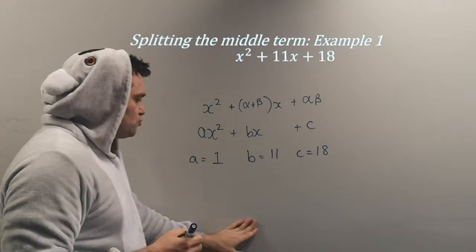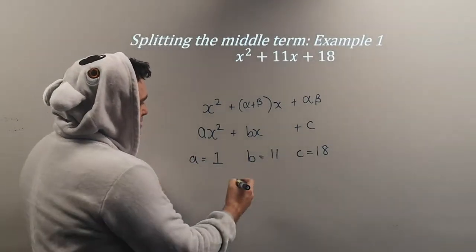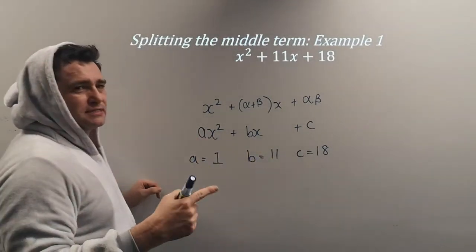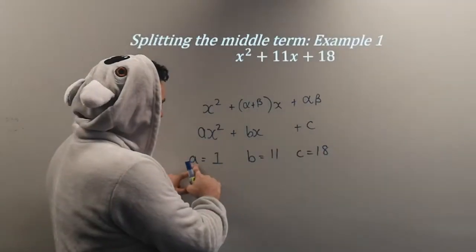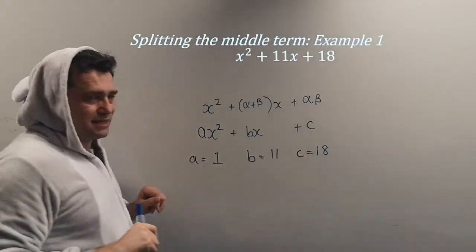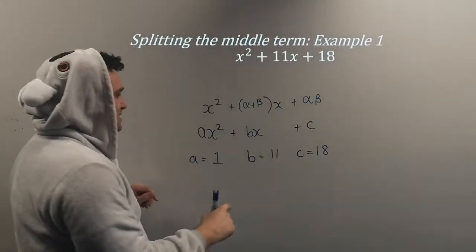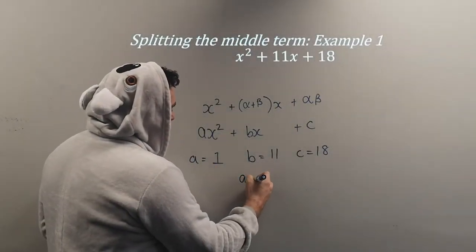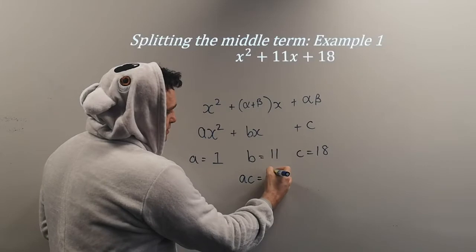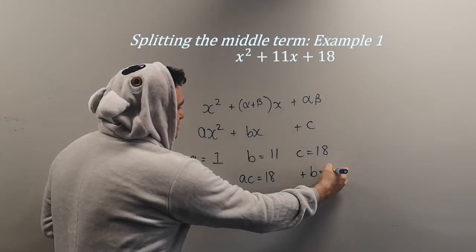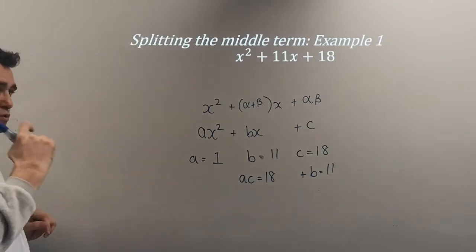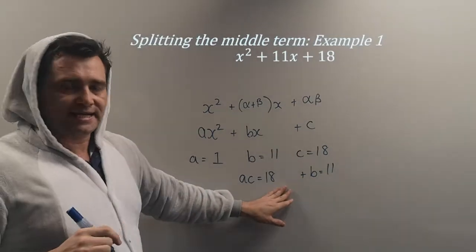To help us out for later on, we actually multiply our first number, our a, by c. This will make it a bit easier if we get into this habit now. So we say ac equals 18, and adding to b equals 11. What numbers multiply to 18?